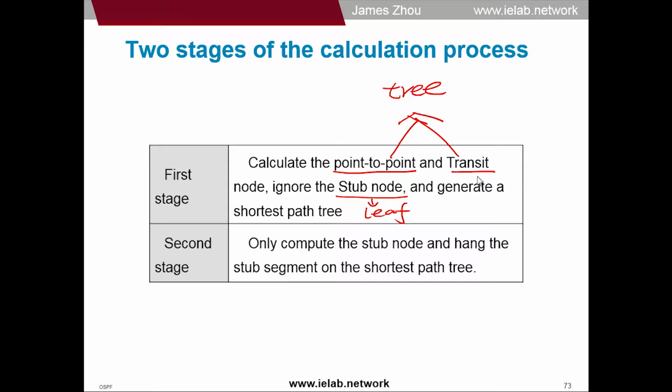Stub nodes are like leaves. The second stage only computes stub nodes and hangs the stub segments on the shortest path tree. Okay, let's see it.